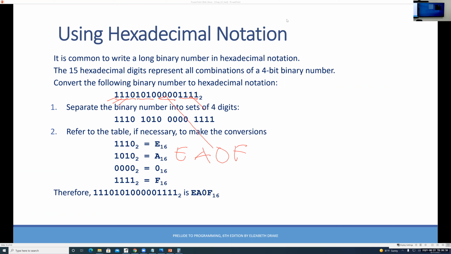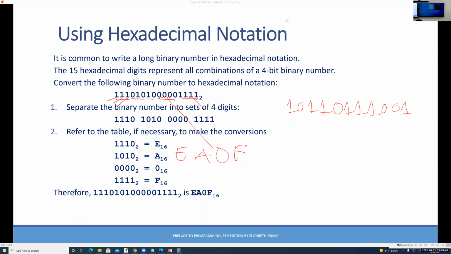Remember, when using hexadecimal notation, group every 4 bits together from the right to the left. So think about the case where I have 1 0 1 1 0 1 1 1 0 0 1 here. What do you think the hexadecimal notation for this one is? Remember, you have to group every 4 bits together, from the right to the left.